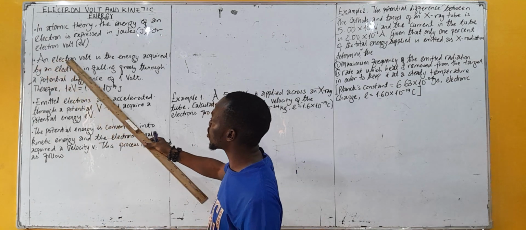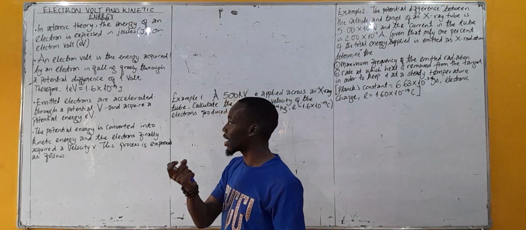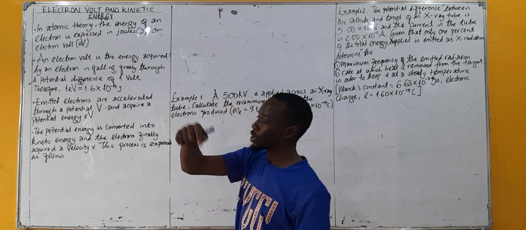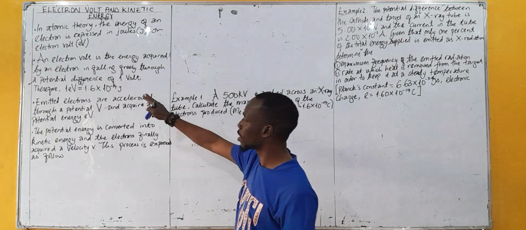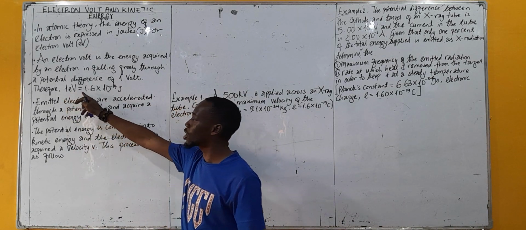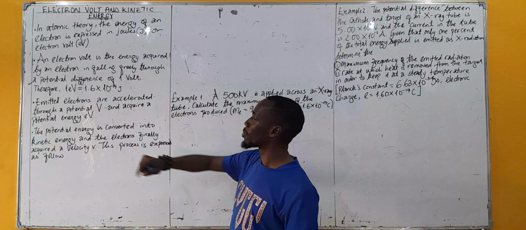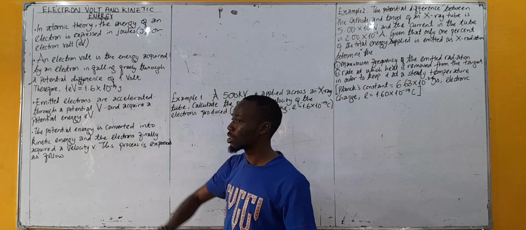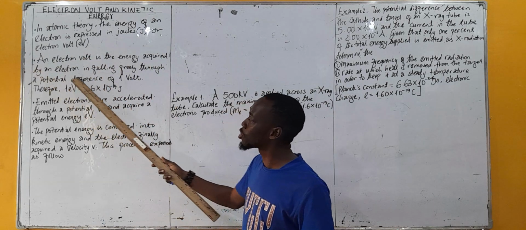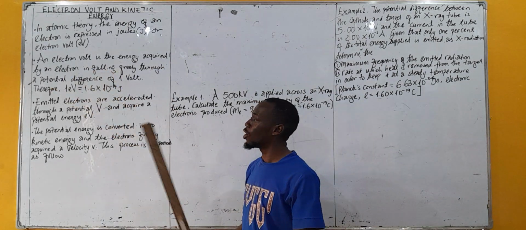An electron volt is the energy acquired by an electron in falling freely through a potential difference of 1 volt. Therefore, 1 electron volt equals 1.6 times 10 to the power of minus 19 joule.